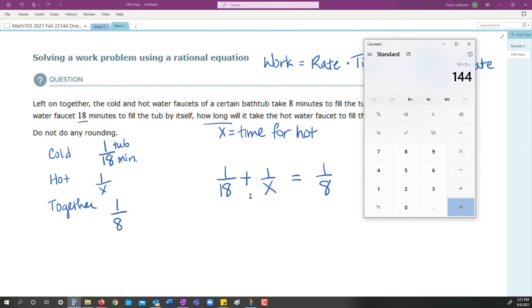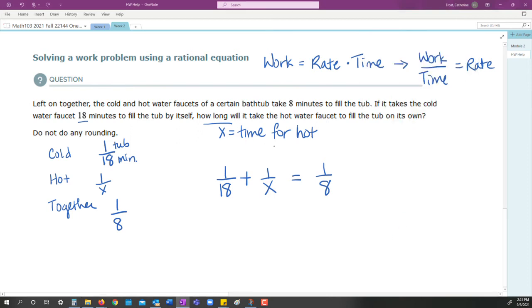But I think we could use something a little bit smaller, like 18 times 4. Yeah, 8 goes into that. So let's use 72 because it's a little smaller. So we're going to use the LCD as 72x, but totally fine if you just multiply it all together and use 144x. You'll end up with the same answer.